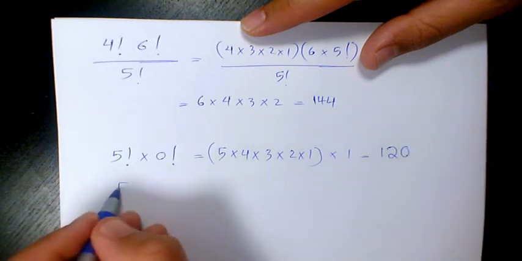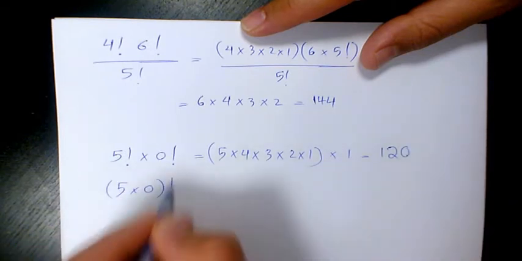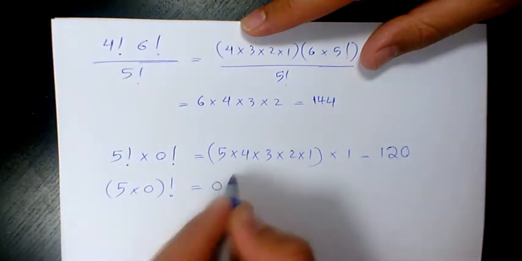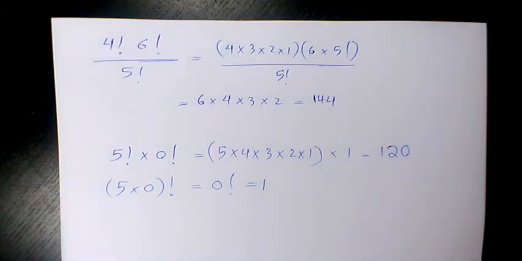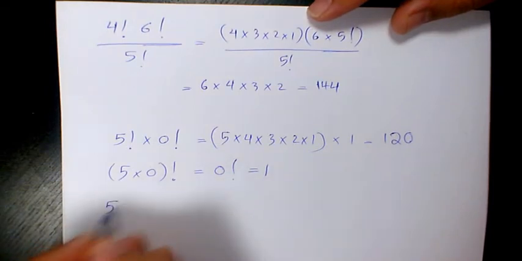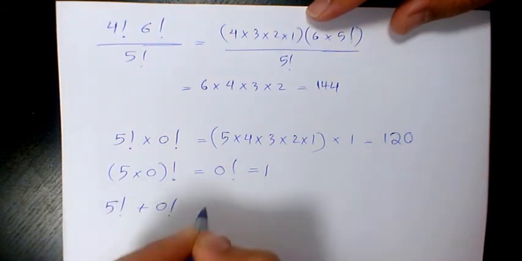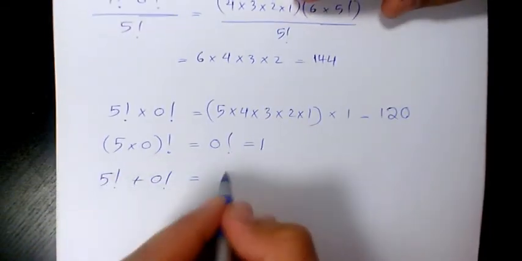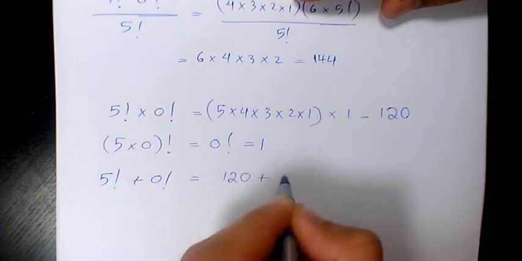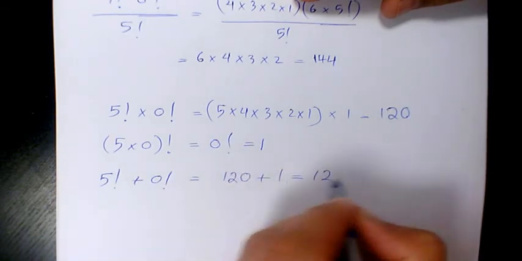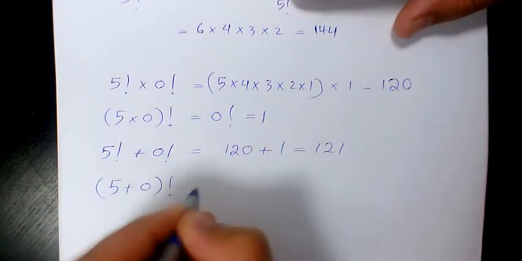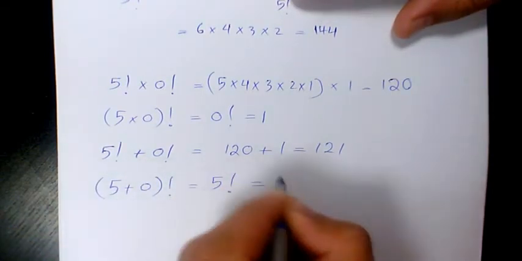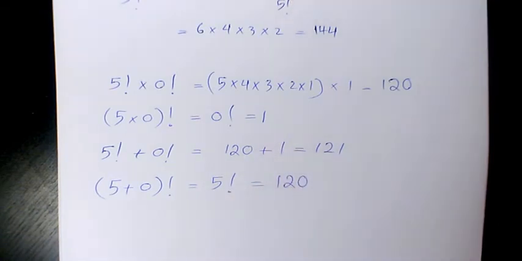Now if you have 5 times 0!, that's going to be 5 times 1, which is equal to 5. If you have 5! plus 0!, it's 120 plus 0! which is 1, so that's going to be 121. If you have (5 plus 0)!, that's going to be equal to 5!, which is going to be 120.